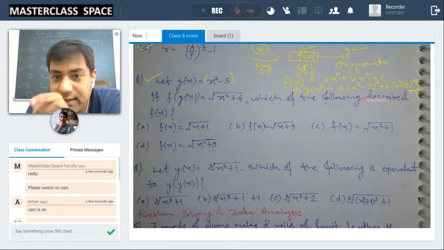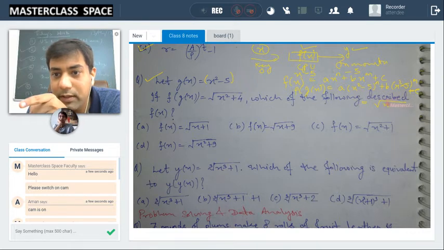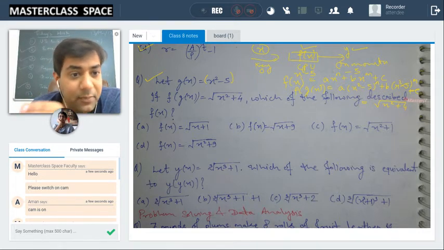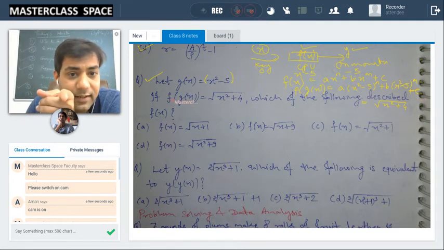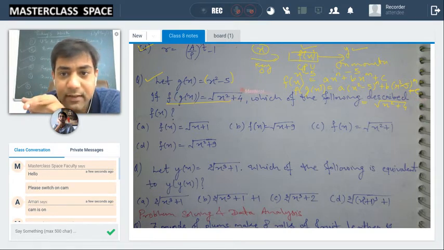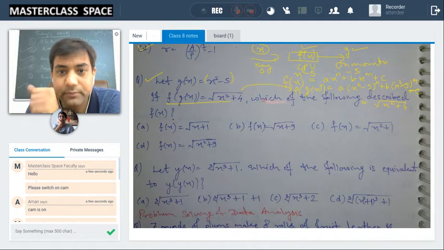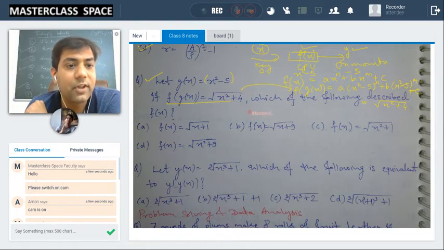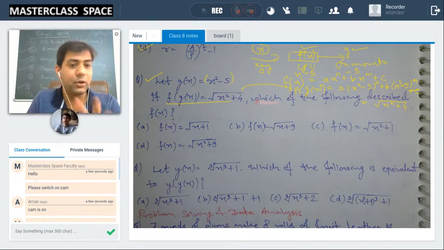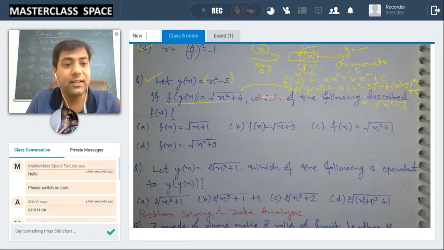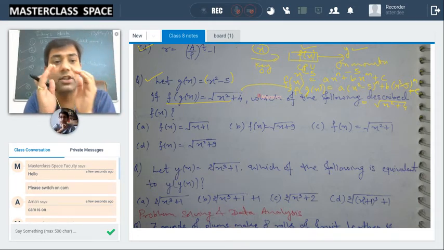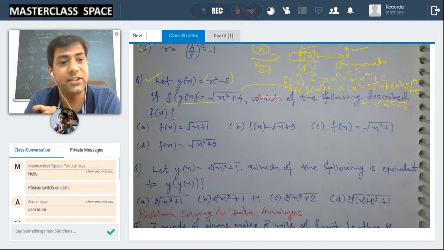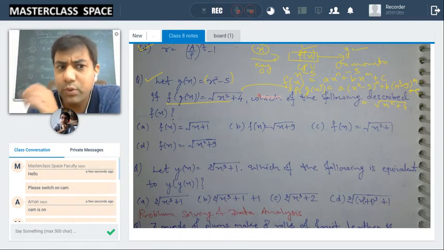Then this value comes out to be equal to root over x squared plus 4. So in place of x, you are substituting x with a big function called g(x). And this g(x) is x squared minus 5. Easy. Now I do some manipulation here.